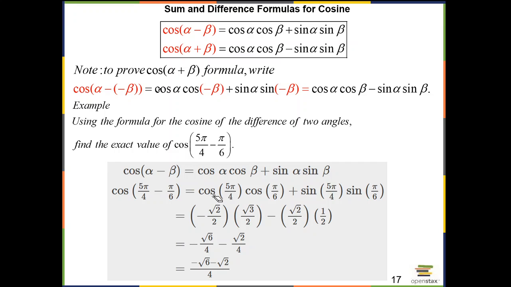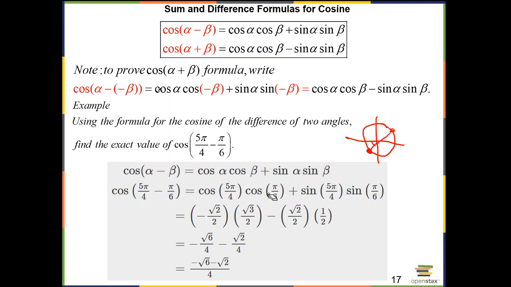And we know cosine 5 pi over 4. You know that because 5 pi over 4 ends up being here. And you know it's the same as pi over 4, because the reference angle is pi over 4. So the cosine of it is negative cosine pi over 4, right?